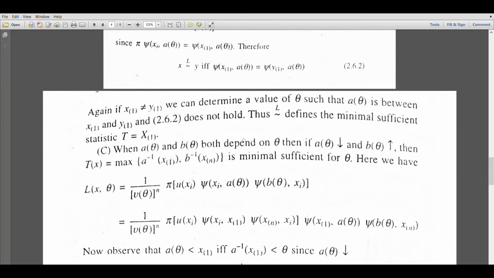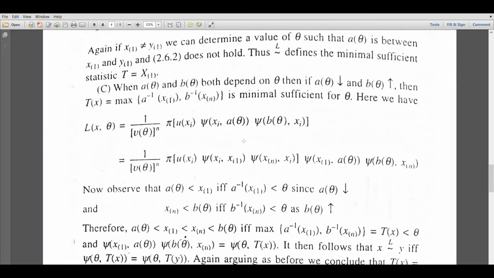We will also consider when a(theta) and b(theta) both depend on theta. First we consider the case when a(theta) decreases and b(theta) increases.